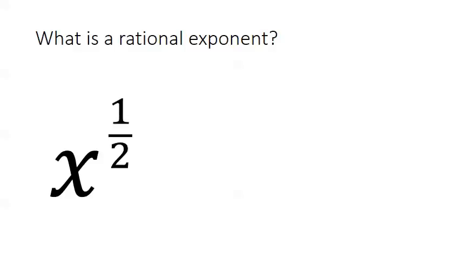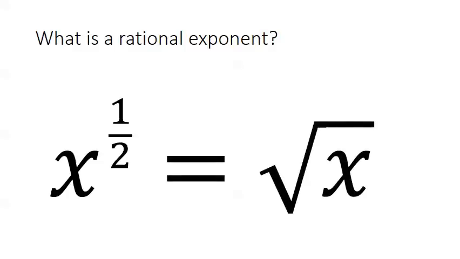Now what this means is, 1/2 in particular means the square root of, okay? We're not really going to go too far into it, but you can also have cube roots. It's going to have a little 3 there. Or, oh, this is the 4th root of x, okay?